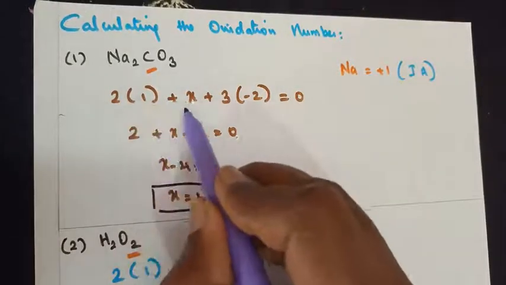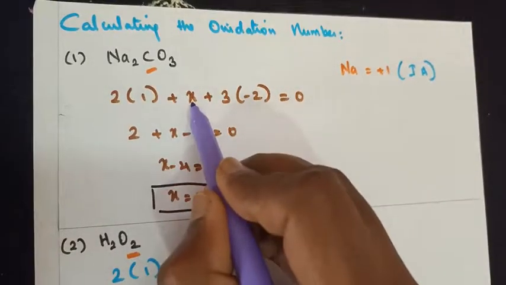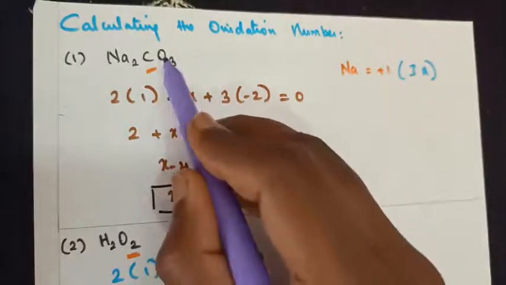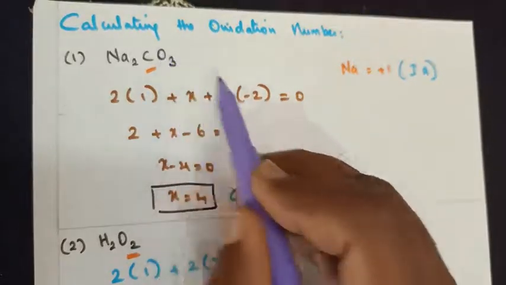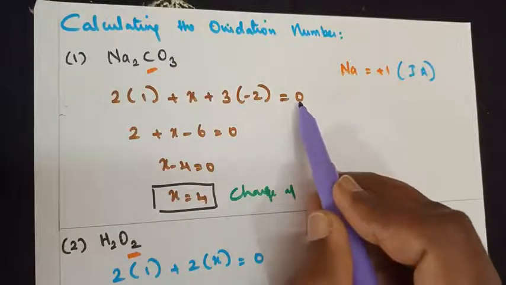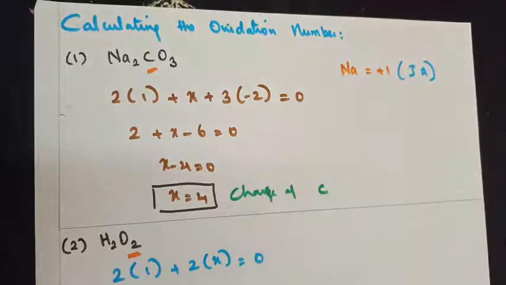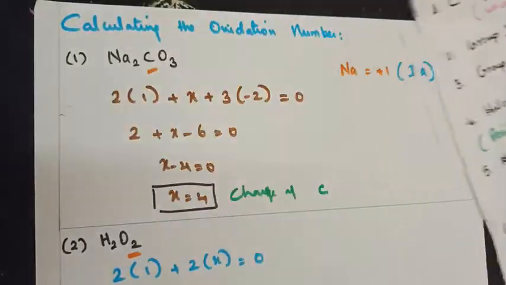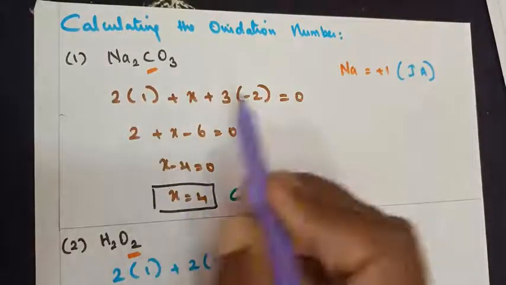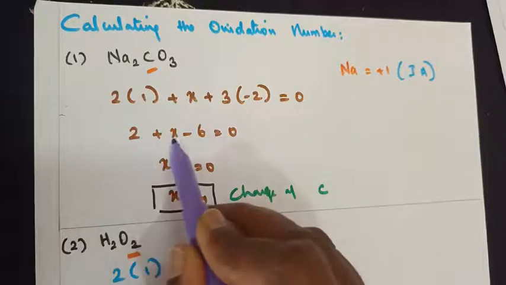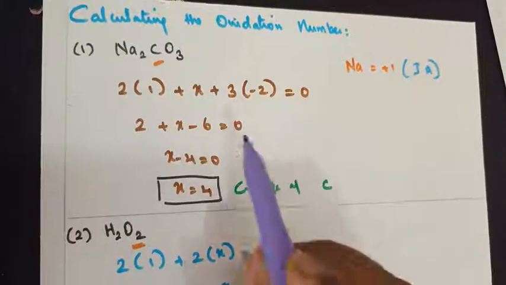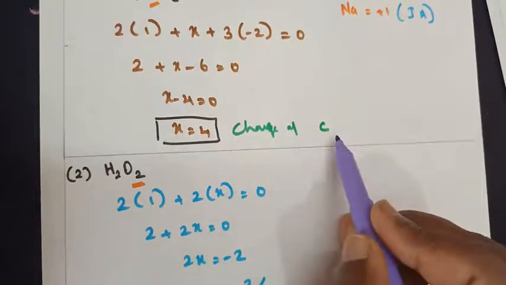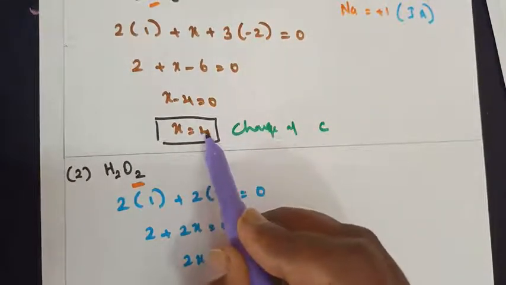So 2 into +1 plus what I do not know, I'm taking it as x, plus 3 into the charge of one oxygen atom, -2, equal to 0. Why am I writing equal to 0? It stands for the neutral compound with no charge written above it. Hence I am writing 0. Simple mathematical calculation: 2 plus x, 3 times -2 is -6, equals 0. You change the side, x is equal to +4. So the charge of carbon is +4, or simply 4.